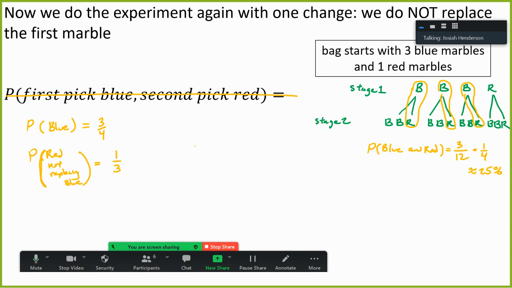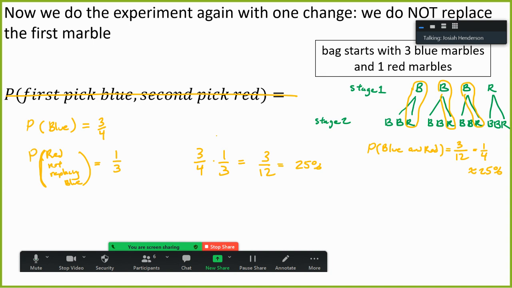And now if we multiply these separately, we get 3 on top and 12 on the bottom, which is the same thing we got by doing our tree diagram, which comes out to 25%.